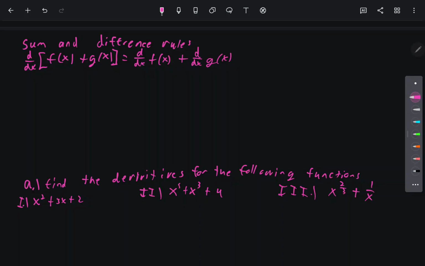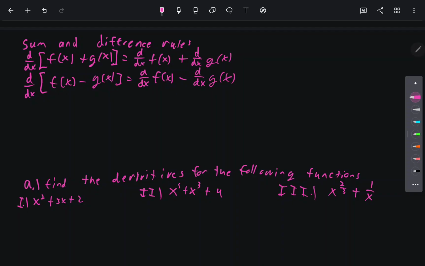All right. And similarly, the derivative of f of x minus g of x is equal to the derivative of f of x minus the derivative of g of x.